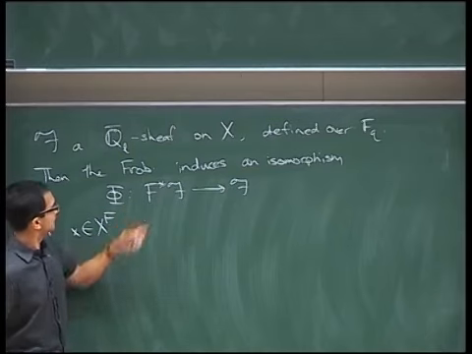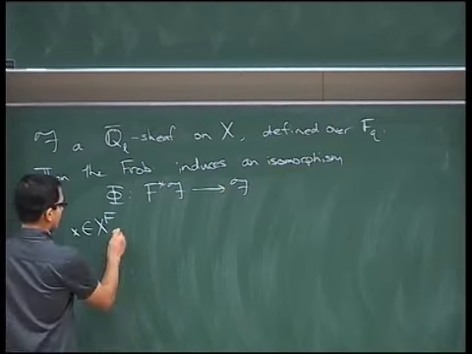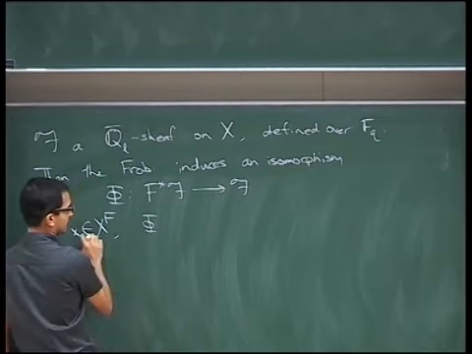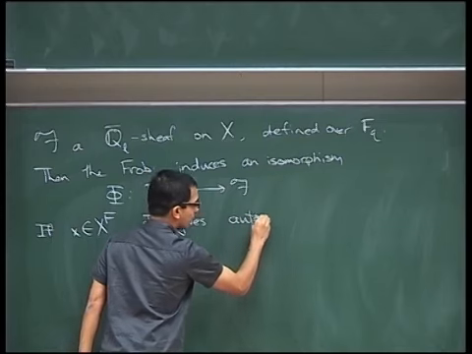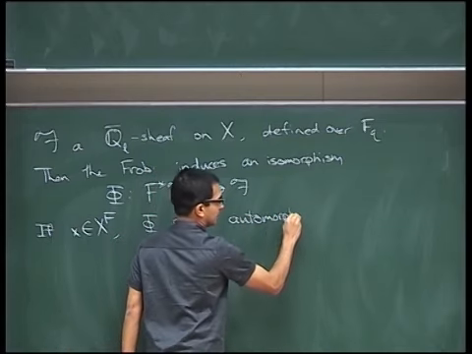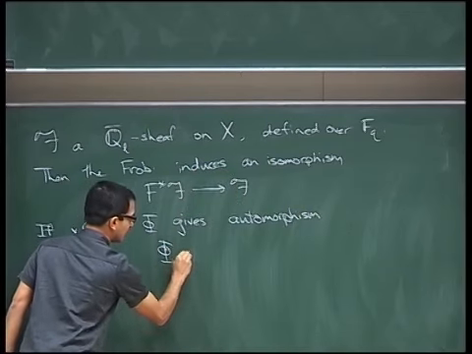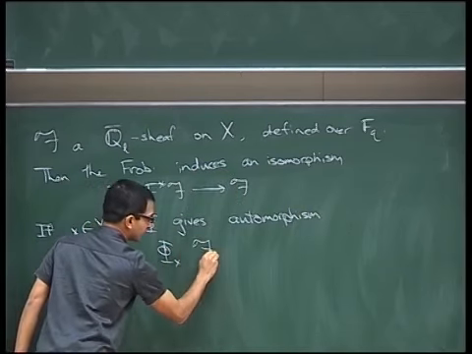So this isomorphism gives you an automorphism of stalks at points like this. So it gives you an automorphism, which I'll denote phi_x, of the stalk F_x.